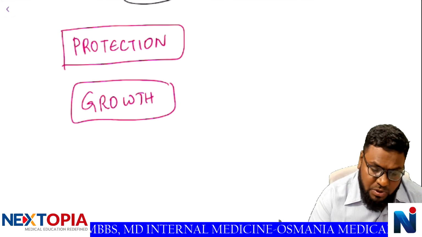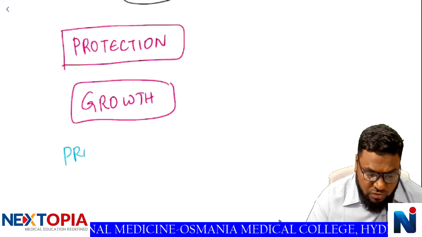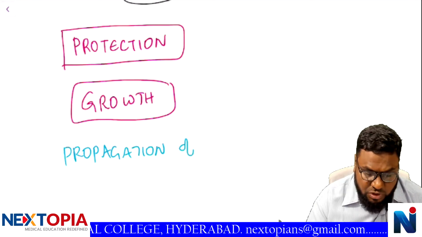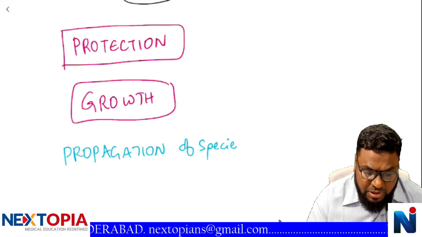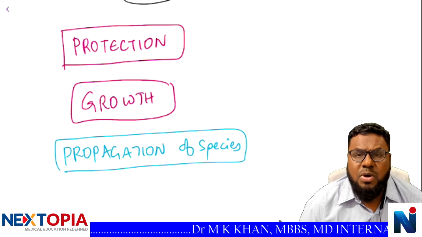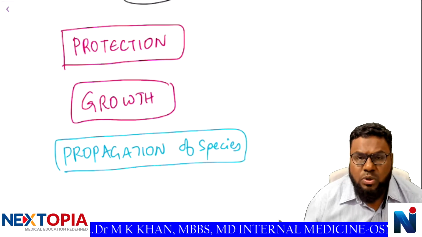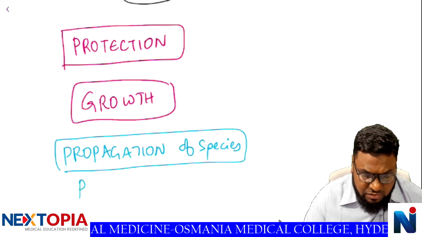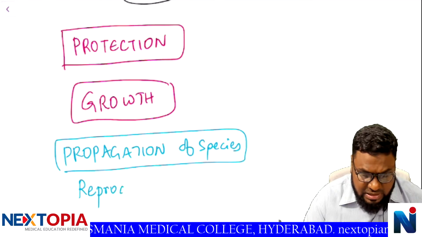After that, the third property is propagation of species. Propagation of species means we should be able to produce gametes, so that the species is propagated, and this is how the population grows. For propagation of species, the most important thing is reproduction.